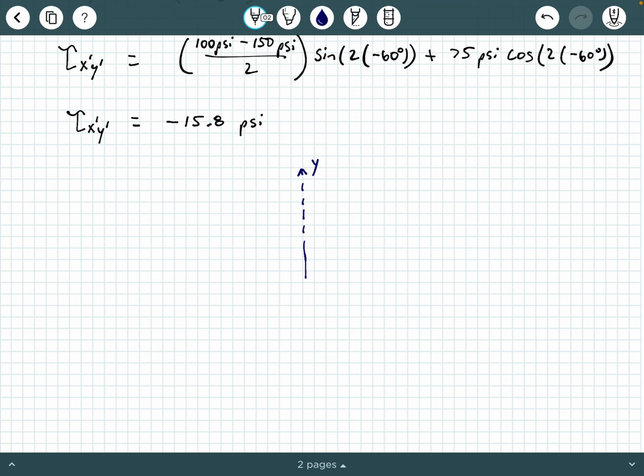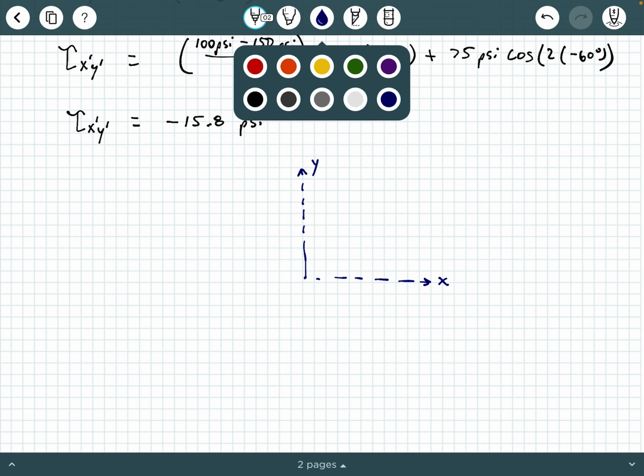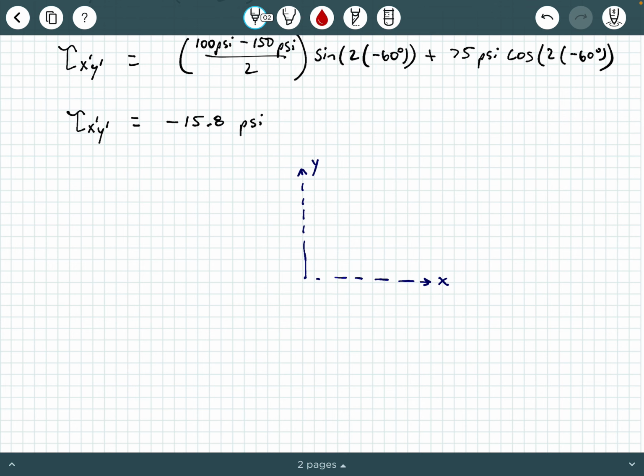All right, now to sketch the transformed element, we can dash in our global coordinates, which looked like this. But remember, we have rotated the element 60 degrees clockwise, okay? So what we are doing here is essentially looking at a rotated axis of 60 degrees clockwise.